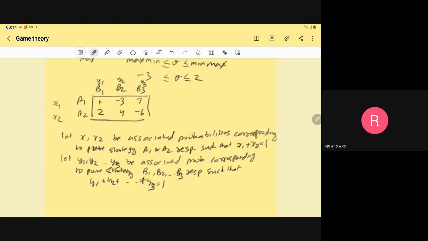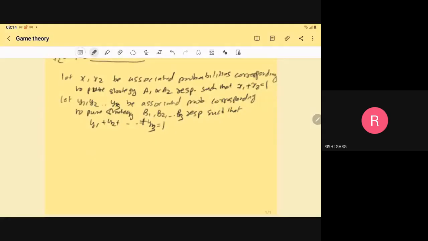When x1 plus x2 is equal to 1, this implies x2 is 1 minus x1. Here we compute the expected payoff for B's pure strategies.